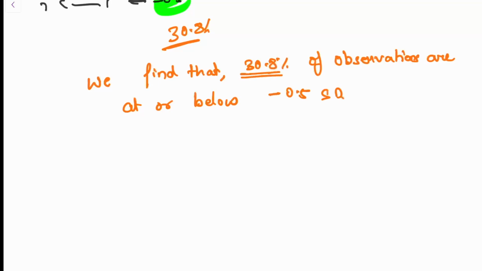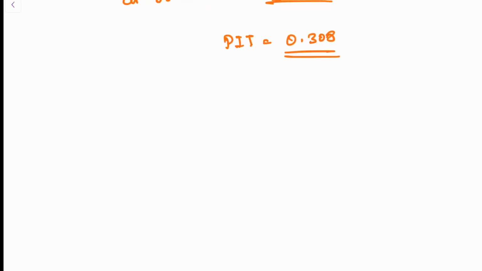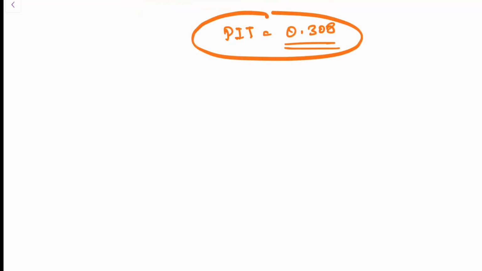Clear? So with this probability I got the standard deviation. So what is the PIT value of the day? PIT value of the day is 0.308. Clear? So this is step 3 where we have identified the PIT value.